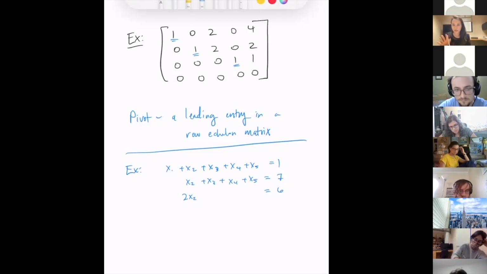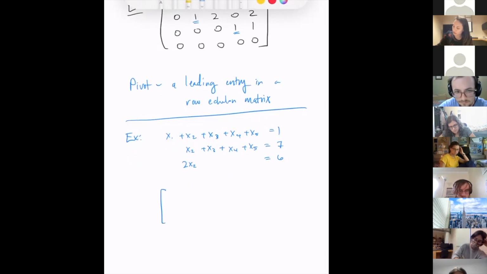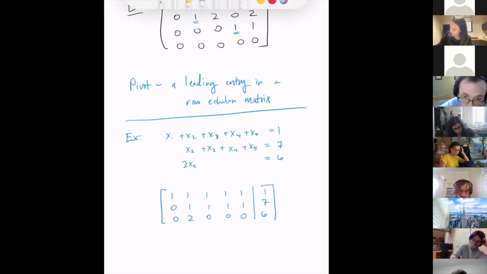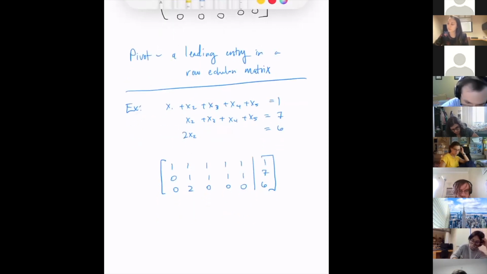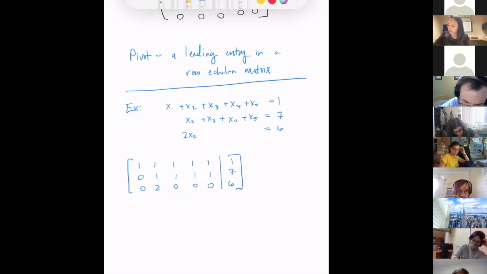So 5 variables, we have 3 equations. We write down the augmented matrix. We would have 1s all the way across the first row. And then we'll have 1, 1, 1, 7, and then 0, 2, 0, 0, 0, 6. Okay, so this is our augmented matrix corresponding to this system.